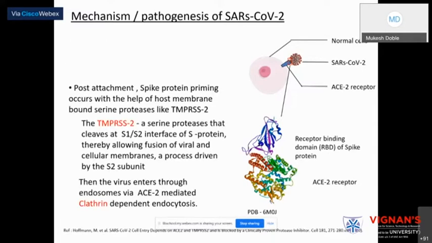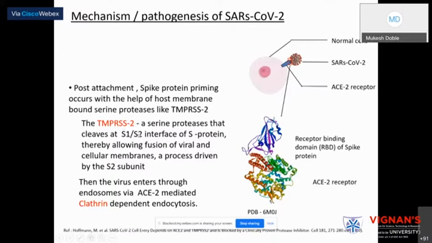Okay, once it goes and attaches, the spike protein contains the S1 and S2 subunits. There is another protease found in the host called TMPRSS2. This protease cleaves S1 and S2. Okay, it breaks the S1 and S2.